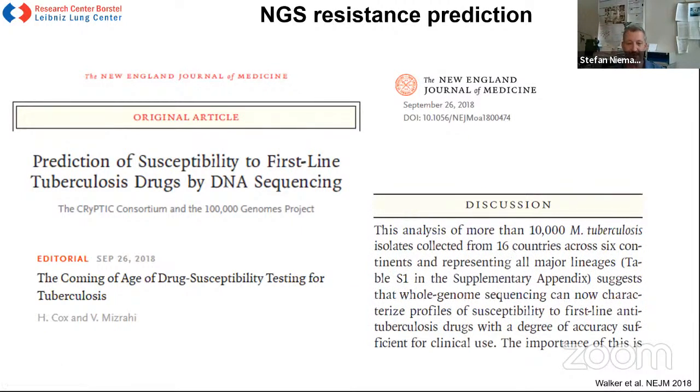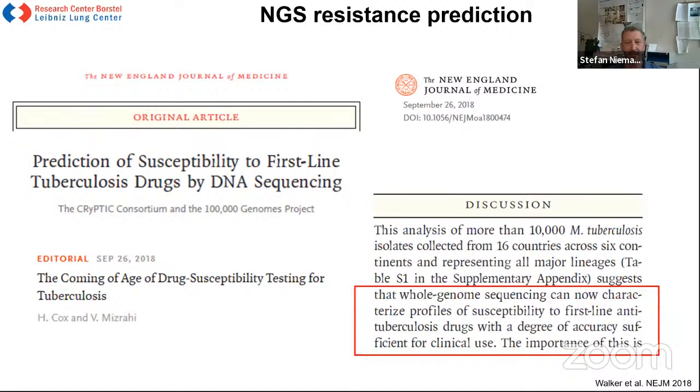The most important statement here was that the data supported the conclusion that whole genome sequencing can now characterize profiles of susceptibility and resistance to first-line drugs with a degree of accuracy sufficient for clinical use. That was also the starting point for Public Health England to switch completely towards whole genome sequencing based resistance testing.